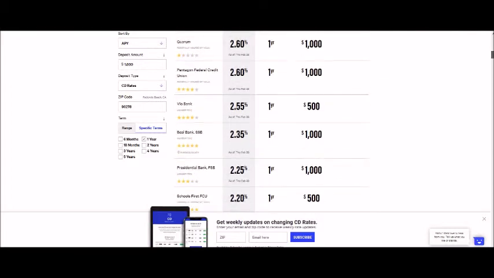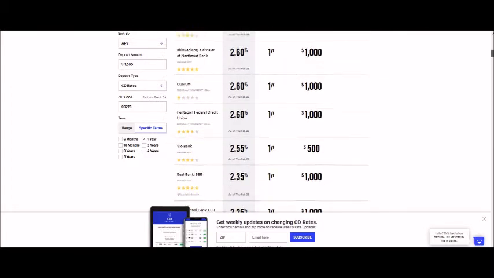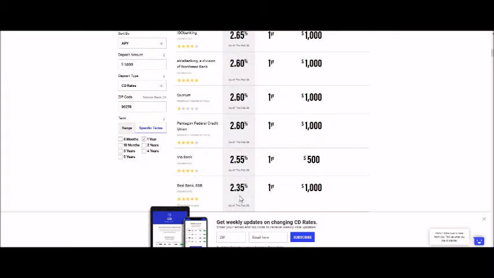So if you are planning on doing a 1-year CD, make sure you're getting a rate that's over 2.35%, because I've seen high interest rate accounts that are at 2.39%, and even CIT Bank has one at 2.45% if you follow their specific terms. So anything less than that, you don't want to be putting your money in a CD.